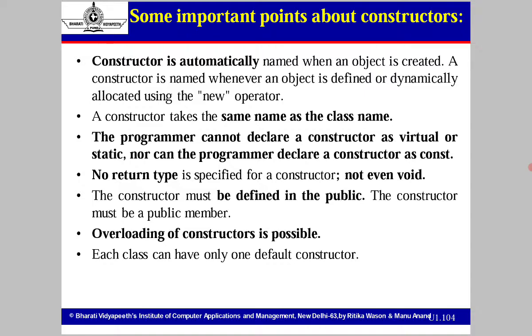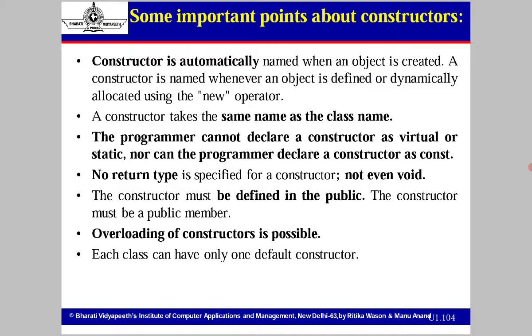A constructor is called whenever an object is defined or dynamically allocated using the new operator. When we use the new operator and delete operator, they are called dynamic memory allocations. డైనమిక్ మెమరీ లొకేషన్స్కి మనము న్యూ ఆపరేటర్ అండ్ డిలీట్ ఆపరేటర్ ఇస్తాం, అప్పుడు కూడా కన్స్ట్రక్టర్ అనేవి ఆటోమేటికల్గా రైజ్ అవుతాయి.